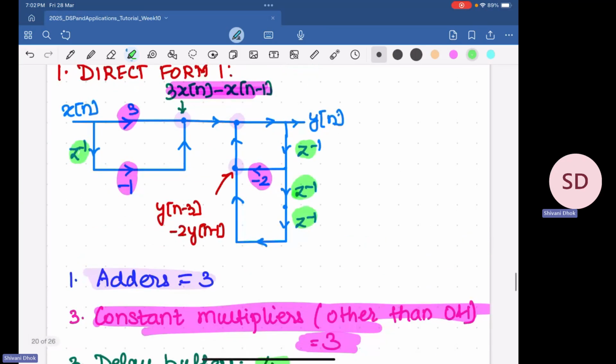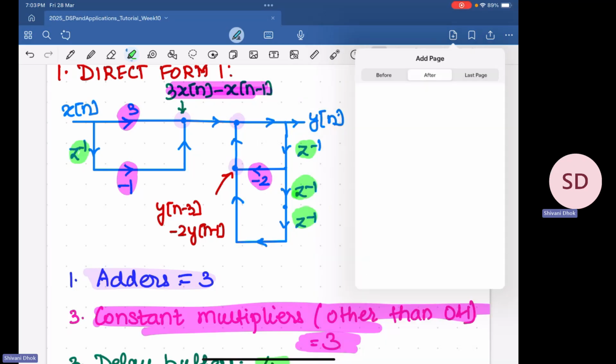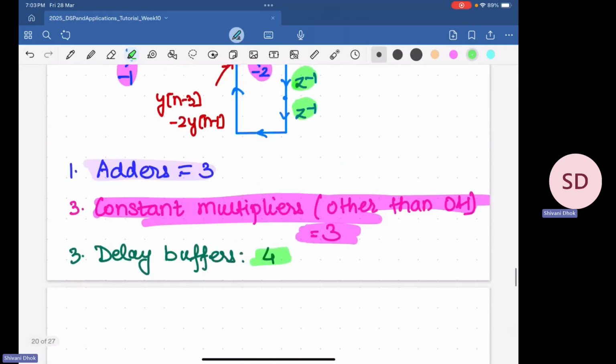Is it clear? Any questions till this point? Okay, if there are no questions, then let me go on and do the same thing for direct form 2.